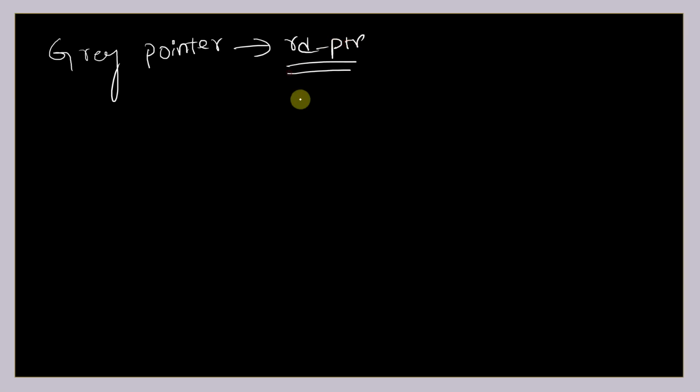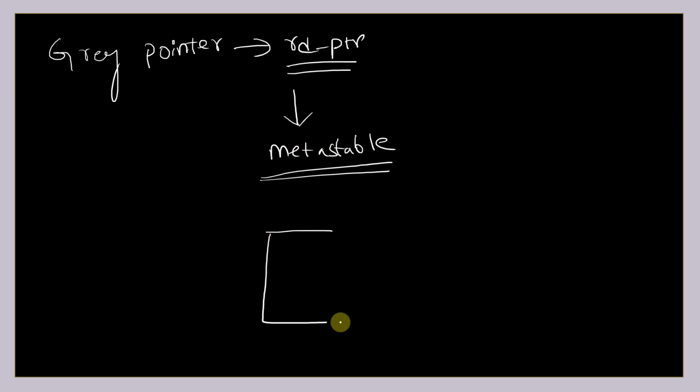Now, let's say we are using a gray pointer, converting this read pointer into gray information and passing it. Now, it also might enter into metastable state. If I want to remove this metastable state also, then what I'm going to do is use a 2D flip-flop synchronizer.